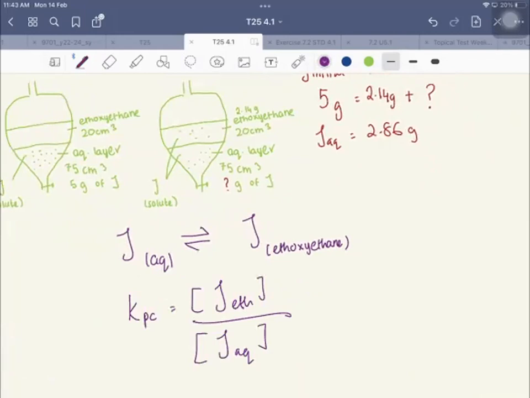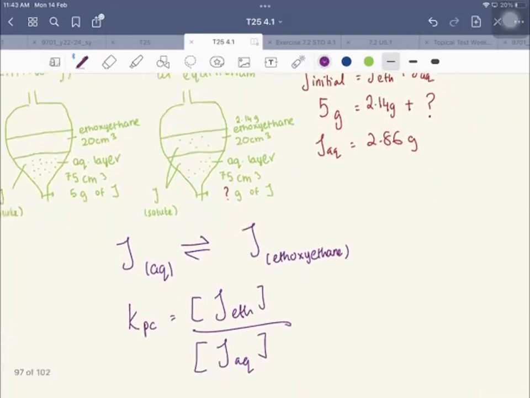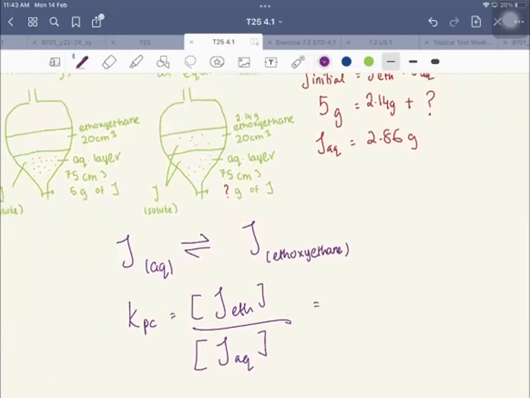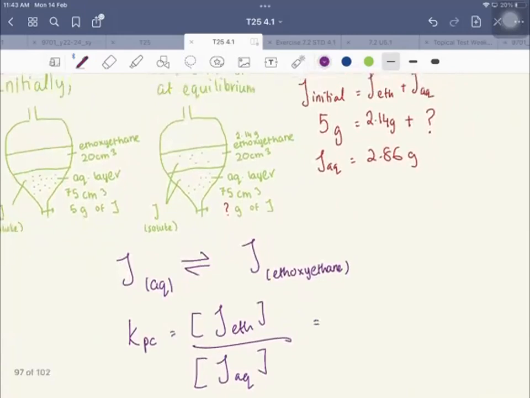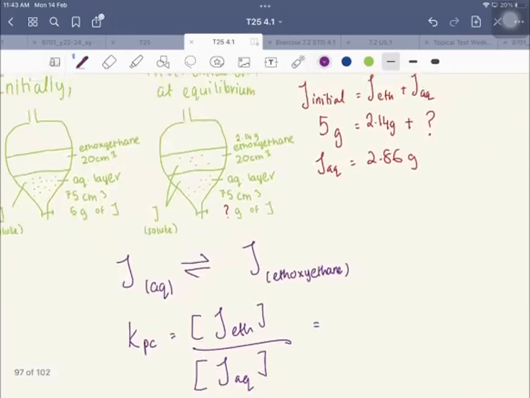And of course, if you are confident already, you can just sub in everything straight into the equation, where your concentration of ethoxyethane is mass over volume divided by the mass of J in aqueous, which is 2.86 grams over 75 centimeter cube.